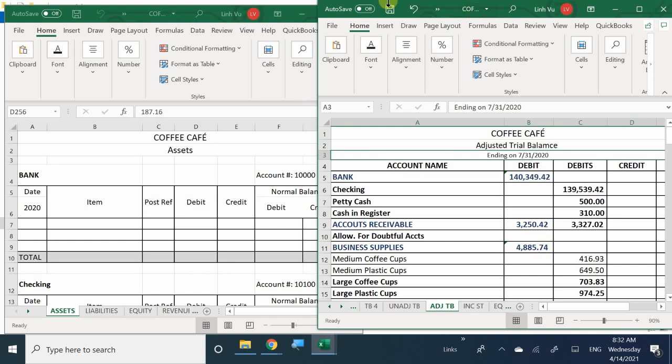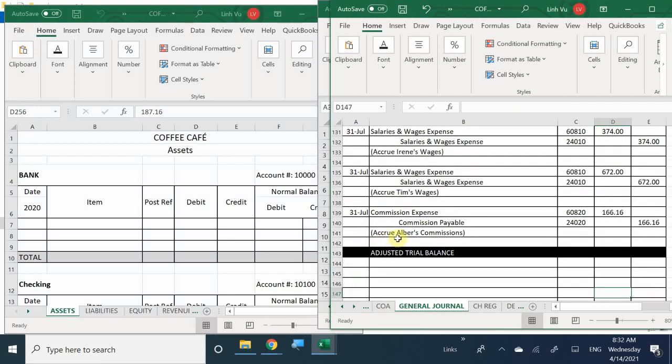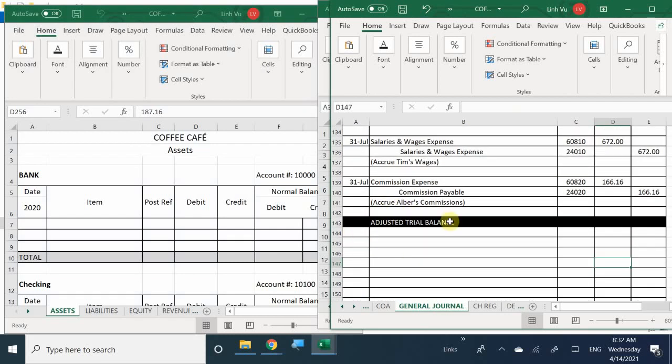So exactly like how we created our unadjusted trial balance, we're going to be utilizing our general ledger. The ledger must come first before completing any trial balance. So now that I finished my journal, if you guys take a look, I put a black bar there just to remind me that now I need to complete my adjustments.